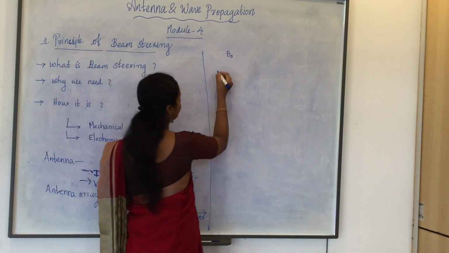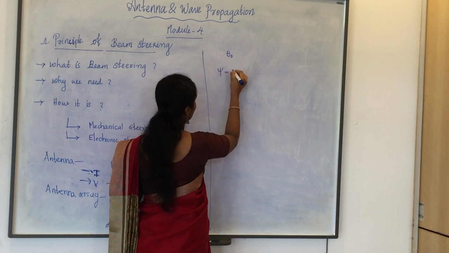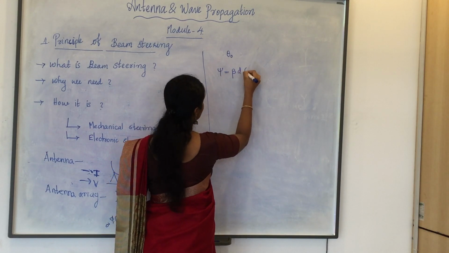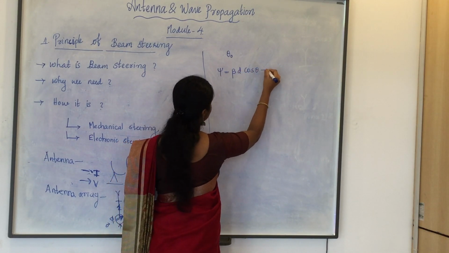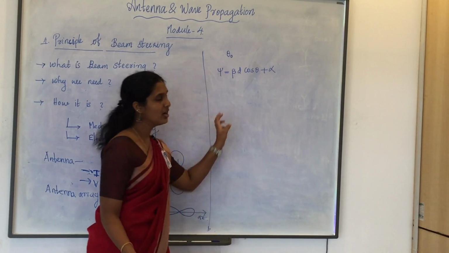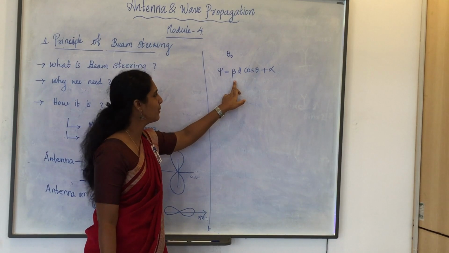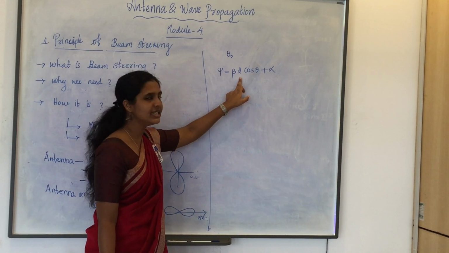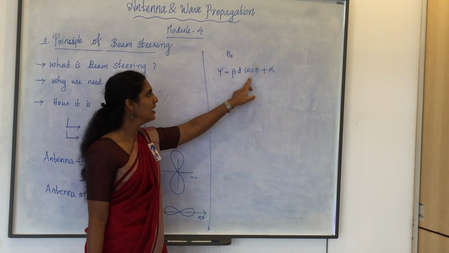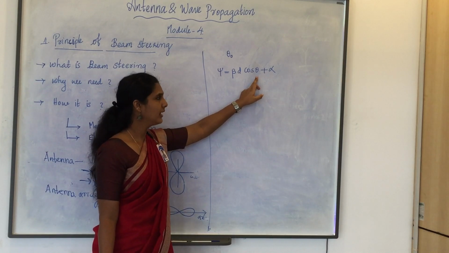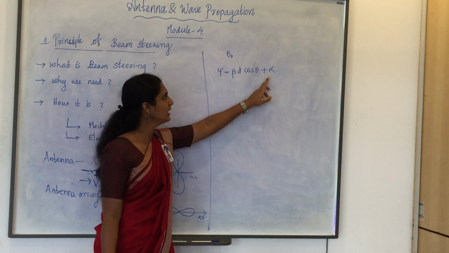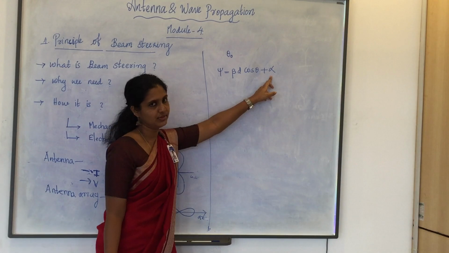Psi is equal to beta d cos theta plus alpha. This is the phase angle between the antenna elements, where beta is the propagation constant, d is the distance between the antenna elements, theta is the angle, and alpha is the phase shift.